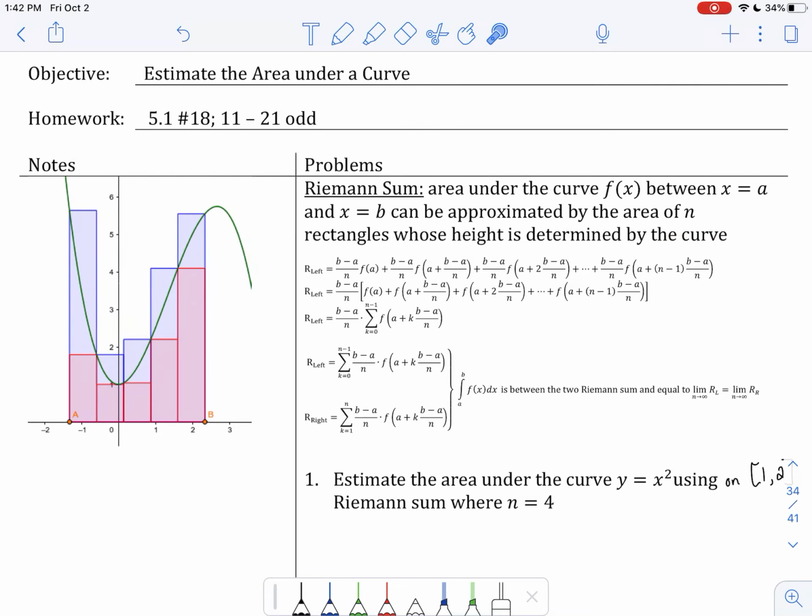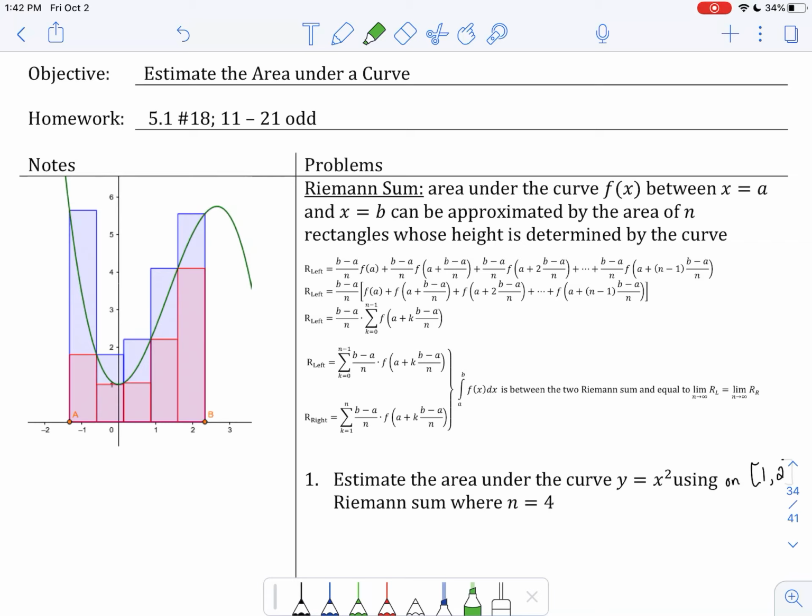Now, these all have the same width of rectangles, so you can factor that out as b minus a over n here, leaving behind a series of the values of the function, which you can write as a series like this. And so you'll often see this as a very standard AP type question, where they'll ask you, okay, here is an integral.